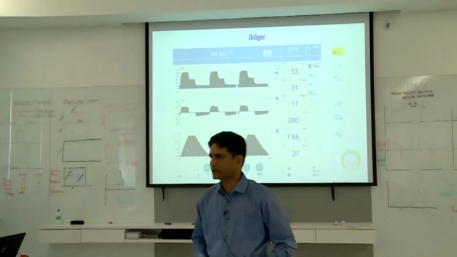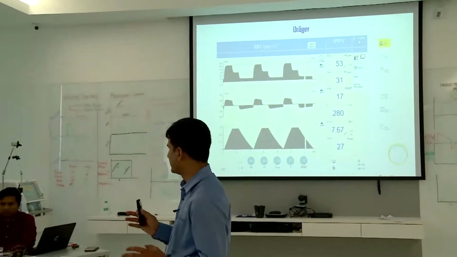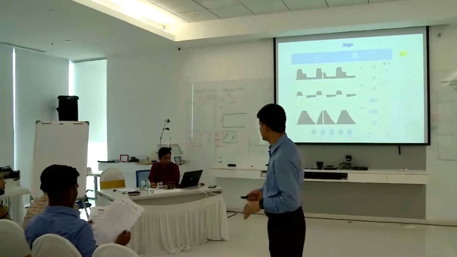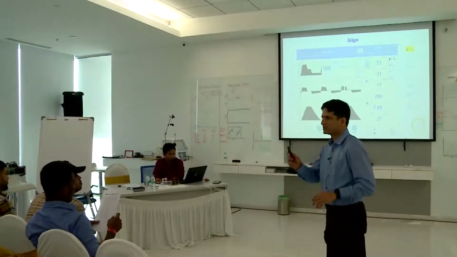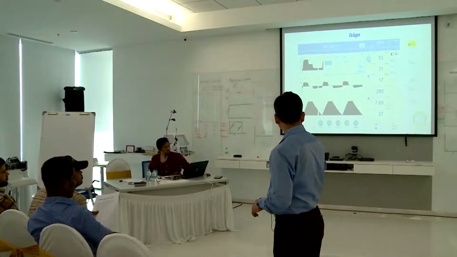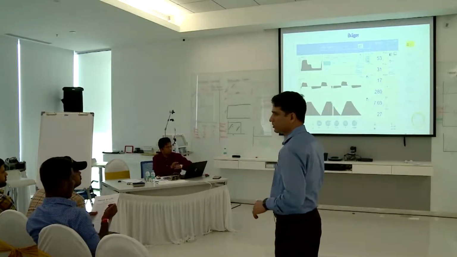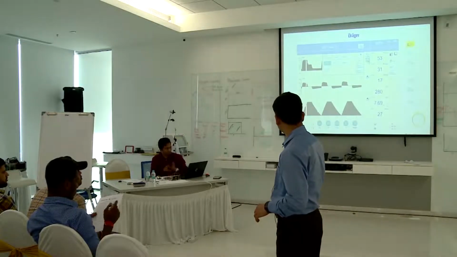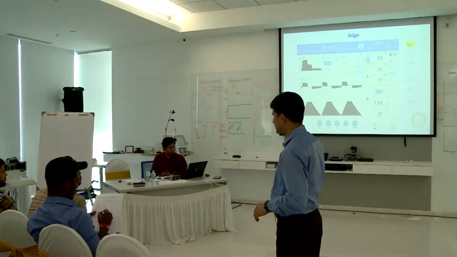Now the third thing I am going to tell you about is the leak in the circuit, which is the commonest problem. So how do you monitor the leak in the circuit? To measure the leak in the circuit, you only have to look at this graph. This is the volume time graph. If your volume time graph is not reaching the baseline, then there is a leak in the circuit.